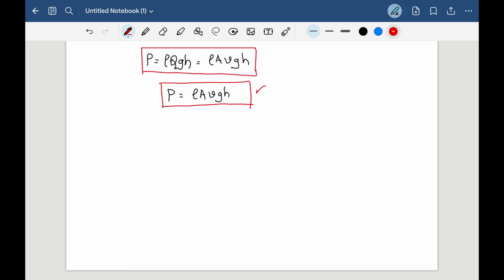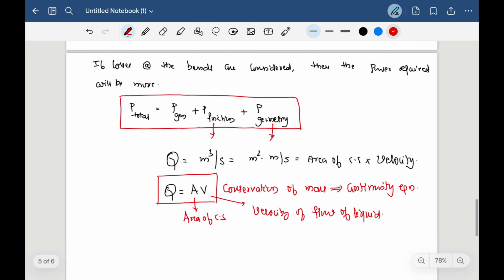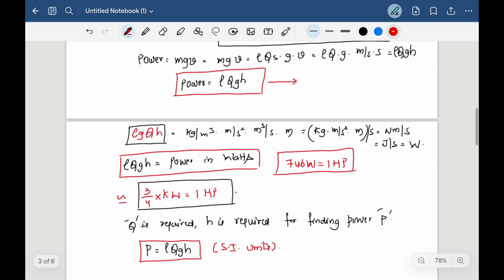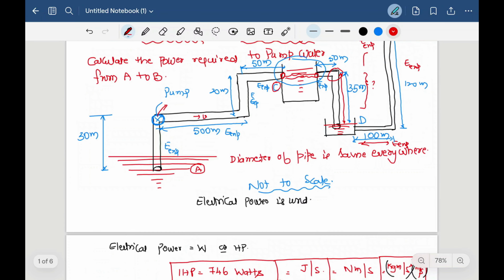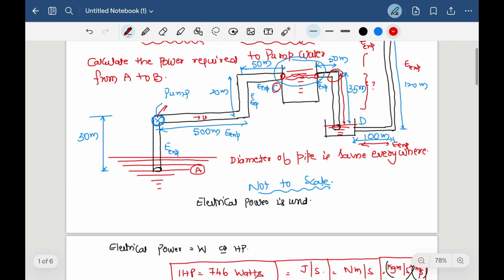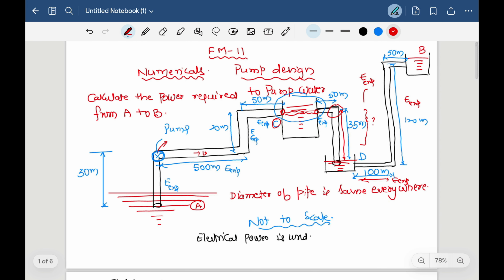This is how the above question has to be analyzed step by step, has to be solved, and there are many unknowns here. Bend loss constants I have not given.